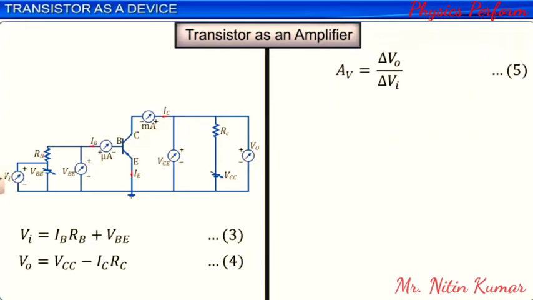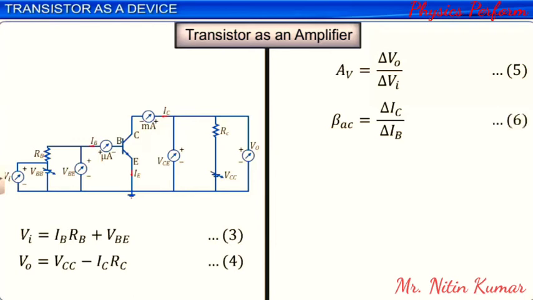From equation 4, we can write the small change in output voltage delta VO is equal to 0 minus RC into delta IC, which is equal to minus RC into delta IC. Let this be equation 7.